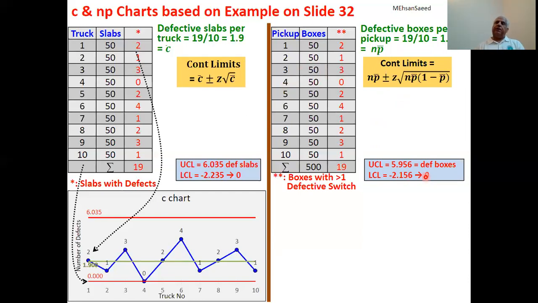Now, what is important is the comparison of results. For this, we used a different control chart, and a radically different formula. But interestingly, the results are very similar. This is virtually 6.